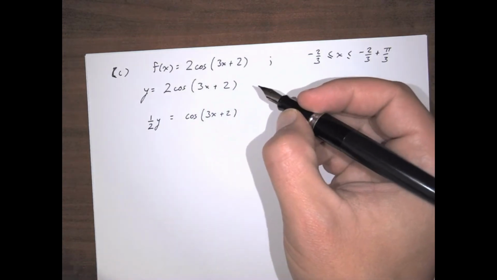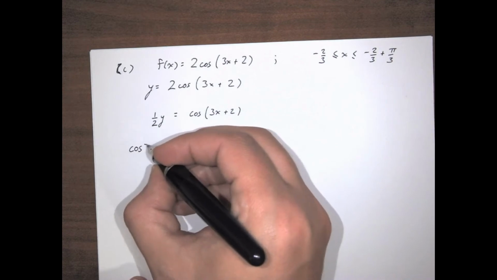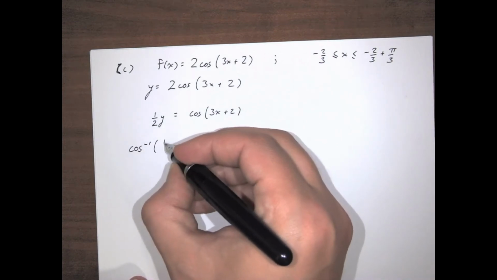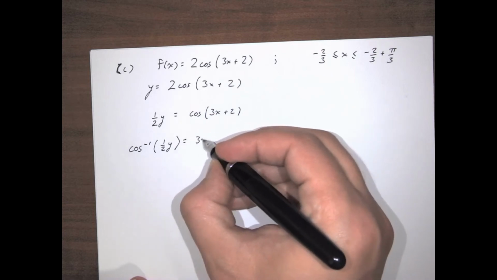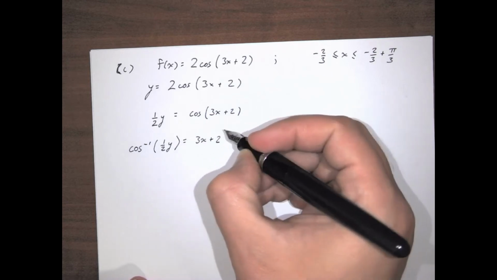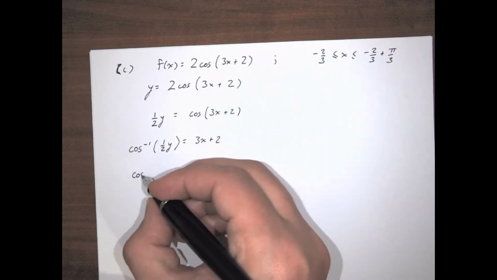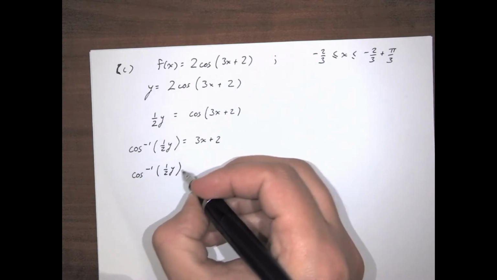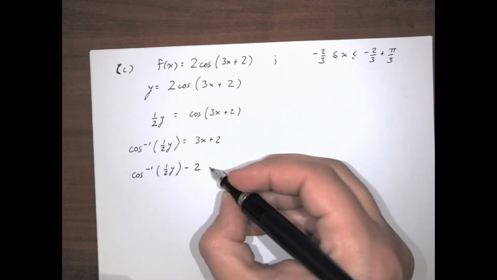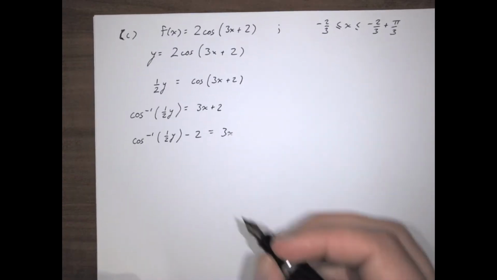And then to undo the cosine, you would do the inverse cosine. And that'll cancel the cosine from the right. And then we subtract the 2. That's being subtracted from the whole outside here. And then finally, we divide by 3.